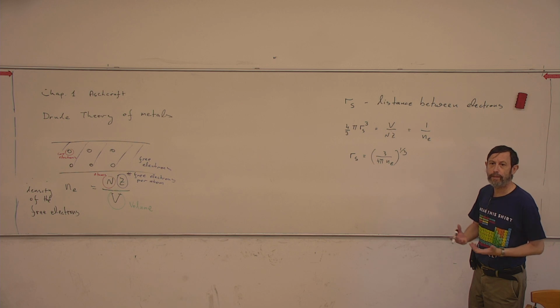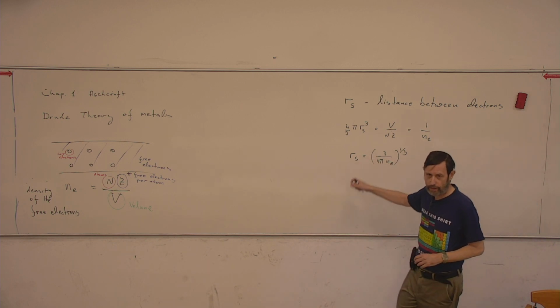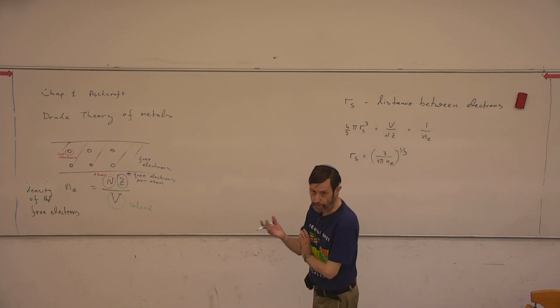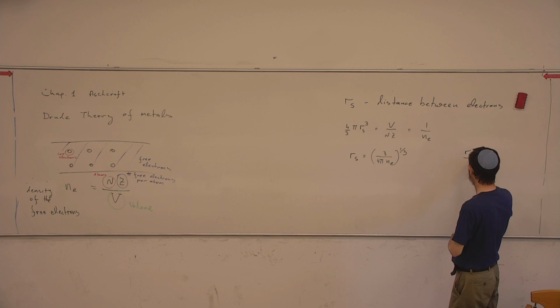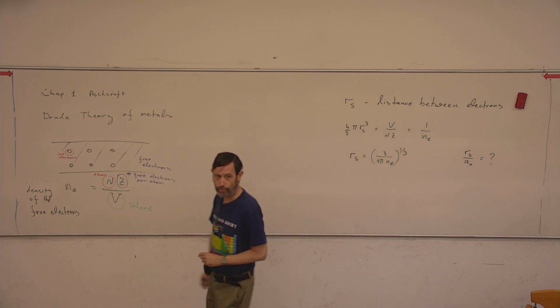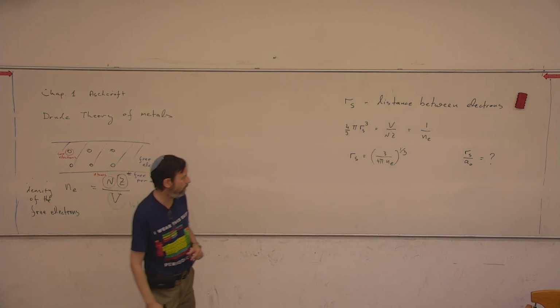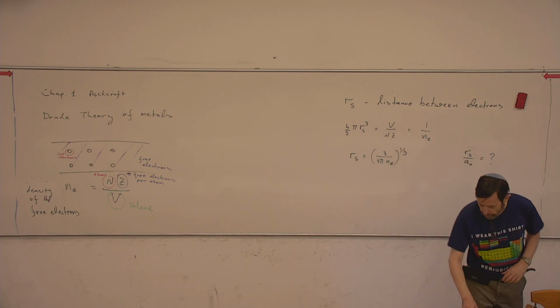What would be the typical length scale that we should compare the distance between the electrons to? At some point we'll ask ourselves the question, what is the ratio between the distance between the electrons and the Bohr radius?